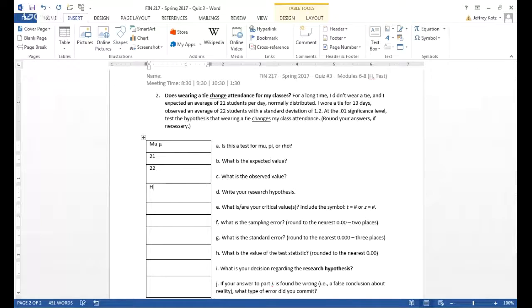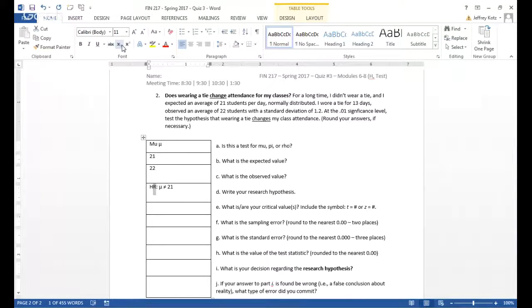The research hypothesis, H_R, is going to be that mu does not equal, which is sometimes written like that, sometimes written as that. I could insert the symbol mu here, and mu does not equal what I expect, and let's subscript that.